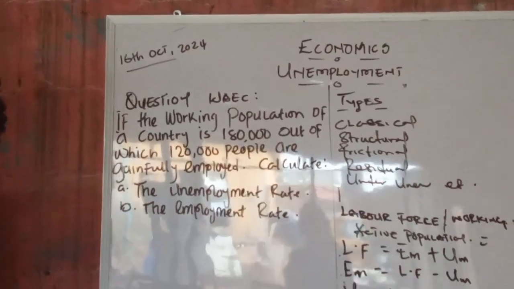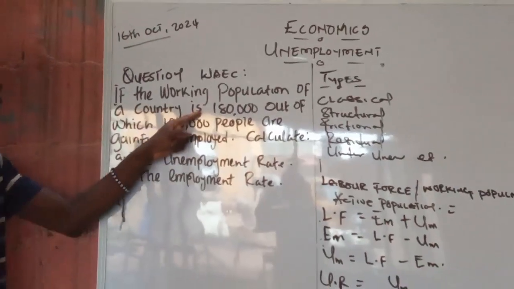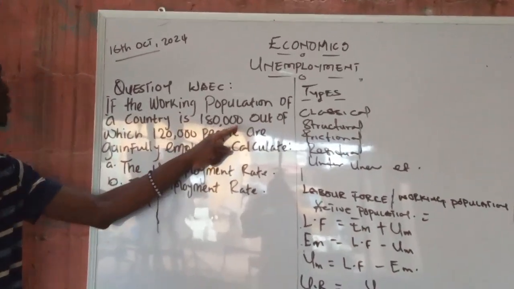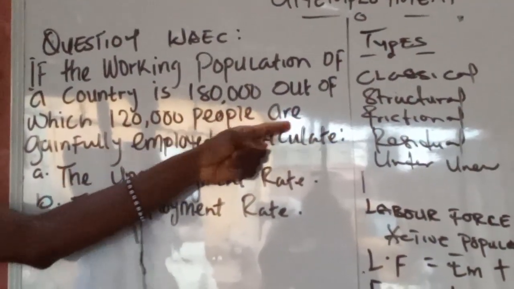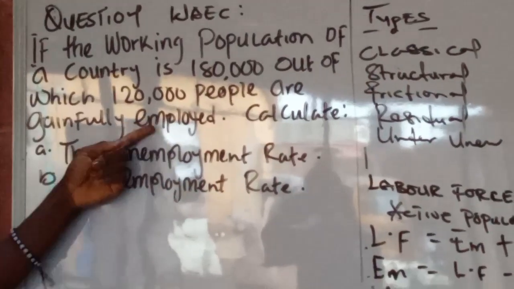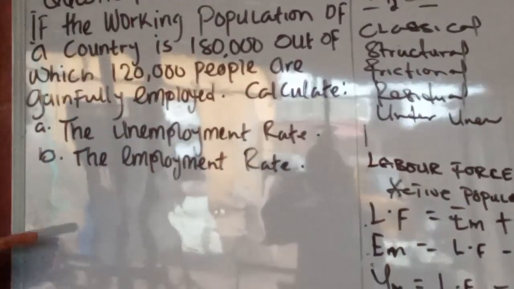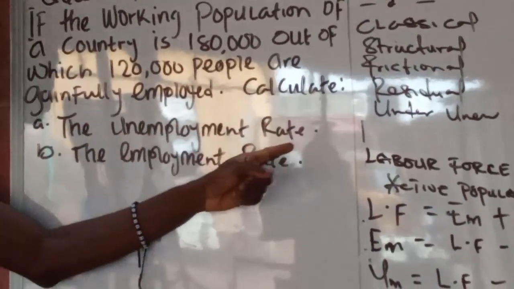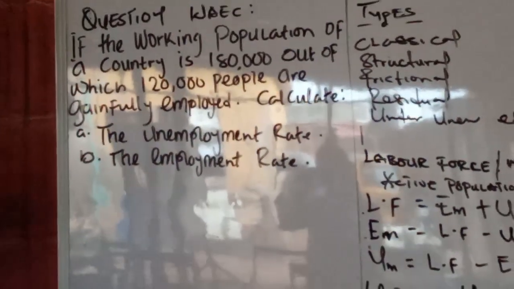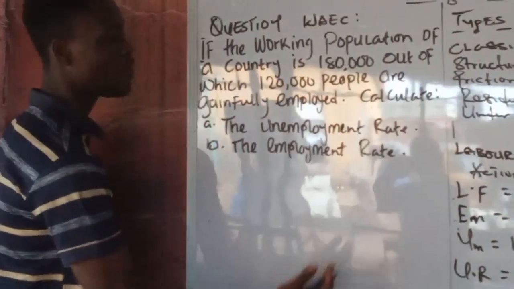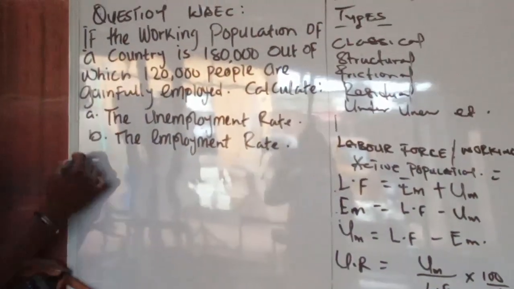The question says, if the working population of a country is 180,000, out of which 120,000 people are gainfully employed, calculate the unemployment rate and the employment rate. Firstly, what you need to do here is itemize the employment and unemployment first.